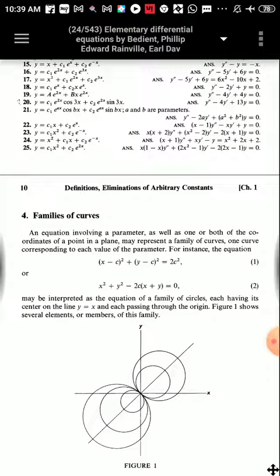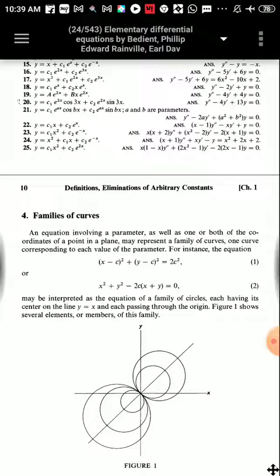Okay, an equation involving a parameter as well as one or both of the coordinates of a point in a plane may represent a family of curves, or one curve corresponding to each value of the parameter.